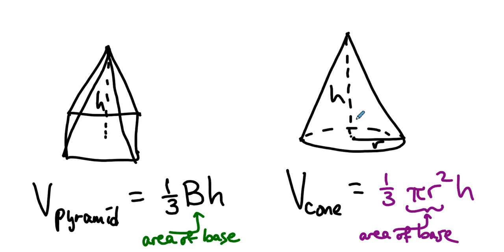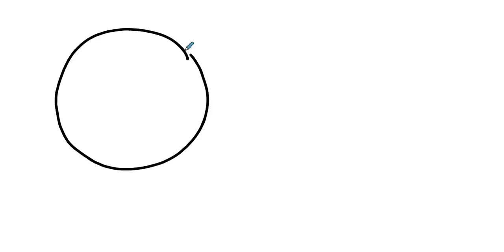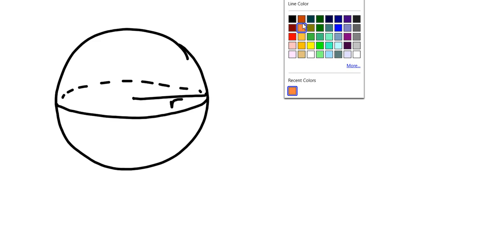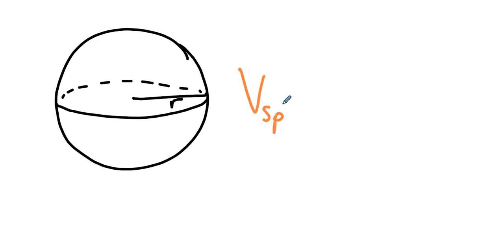So now we can deal with prisms, cylinders, cones, and pyramids. The only thing that we can't deal with, and there's just no good way for us to justify this, is that the volume of a sphere is 4/3 times pi times the radius cubed.